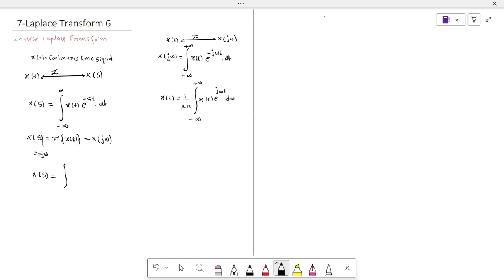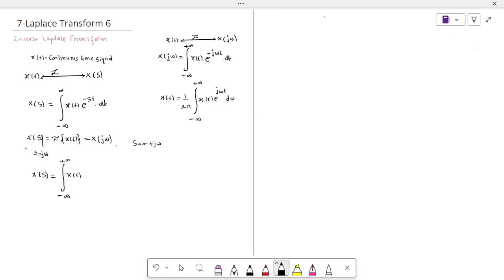Now we are going to derive the inverse transform from the inverse Fourier transform, integral from minus infinity to plus infinity. For x of t, I am going to substitute s. What is s actually? s equals sigma plus j omega.